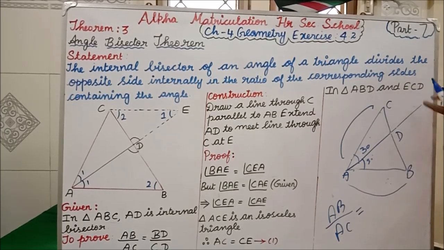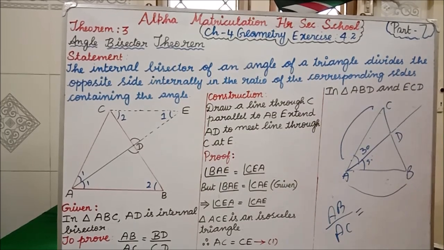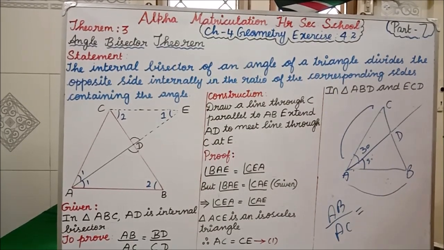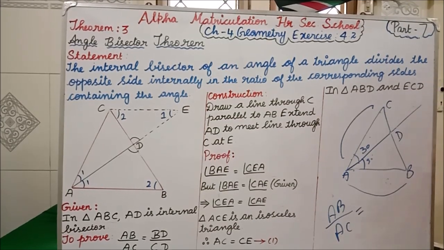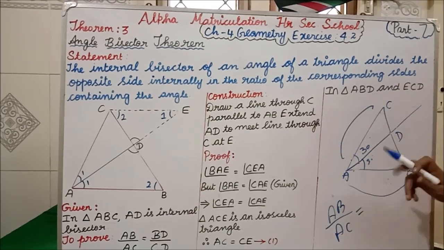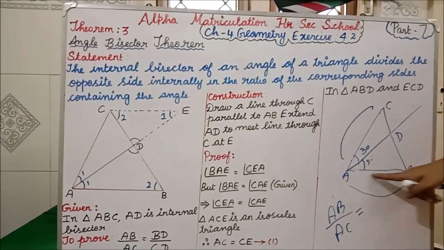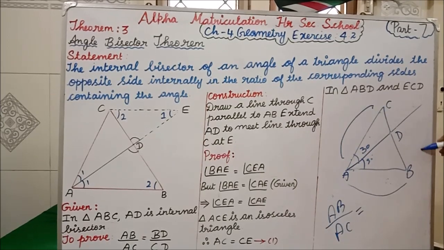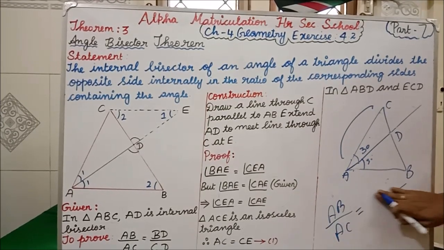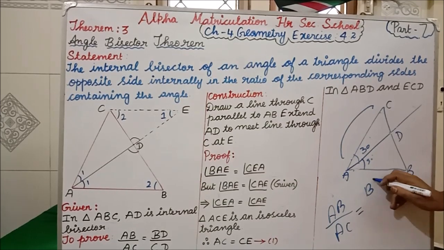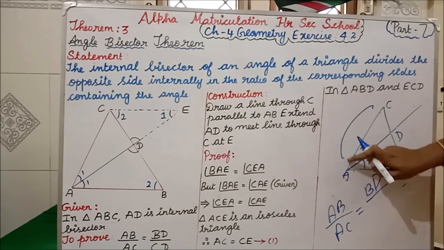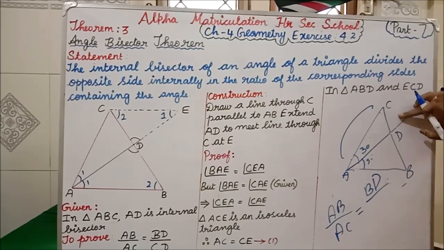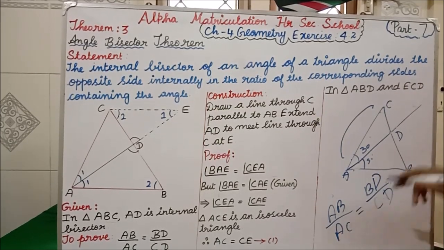This full side CB, how has it divided? It has divided into CD, one part, and then another part BD. So, the corresponding sides: AB divided by AC is equal to, for this side AB, the corresponding side is BD. So you have to write BD divided by, similarly, for this AC, the corresponding side is CD.